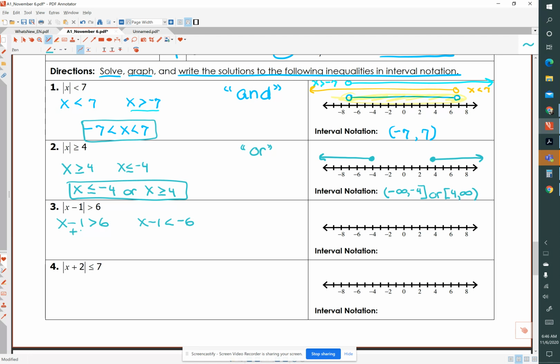So we add 1 to both sides on this first inequality. And let's add 1 to both sides of the next inequality.